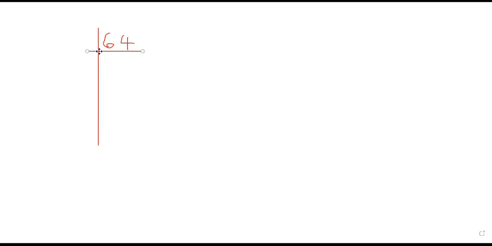Don't forget, you keep dividing by the lowest prime number, which is 2, and if 2 cannot divide, you try 3, and so on. Make sure it's strictly prime numbers.